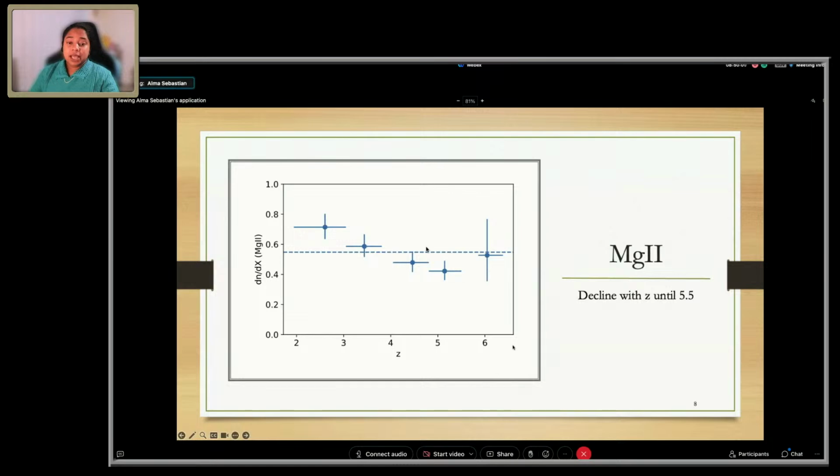Here you can see the evolution of Mg2, which declines from redshift 2 to redshift 5.5. Although there is an indicative upturn at redshift 6, since this data point is associated with larger errors, we cannot be really conclusive at this point.